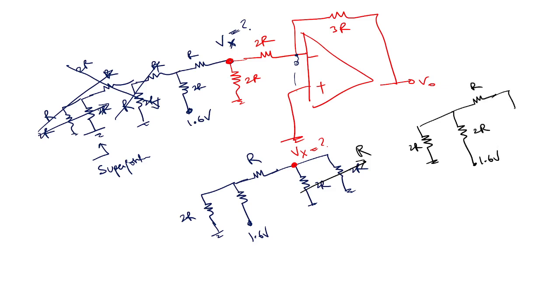This is R. This is R. I need to find what this Vx is. If I look at this from this point of view, this branch and this branch are parallel, right? So equivalently, I write 1.6 volt, this is 2R.